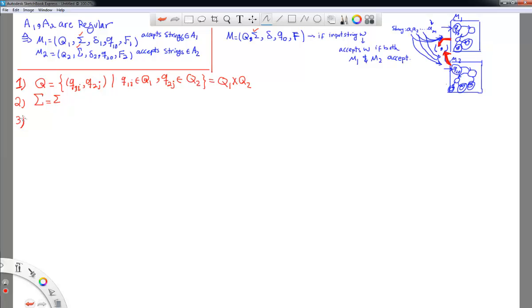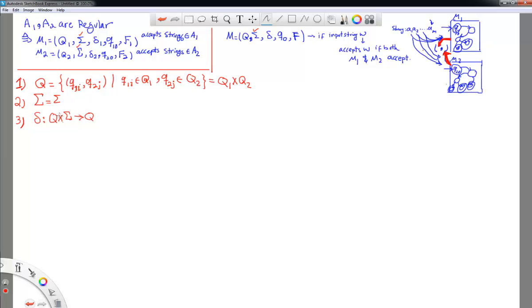The third step is the step that ensures the integrity of my computation. When a new input symbol comes in, I want to look at where automaton M sub 1 takes me, and where automaton M sub 2 takes me. So delta is a transition function from Q cross sigma, the alphabet, onto Q. It's nothing really important here.